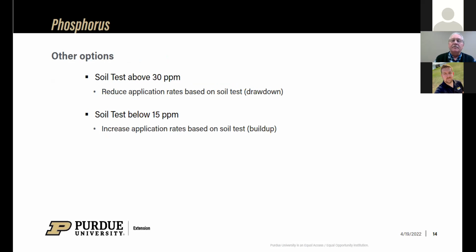If we get really high results from the lab, we want to start working on drawing down those numbers. Whereas if we're below 15, we might want to work on building those numbers up, so putting on excess nutrient within our system.